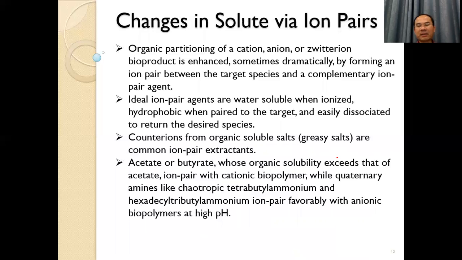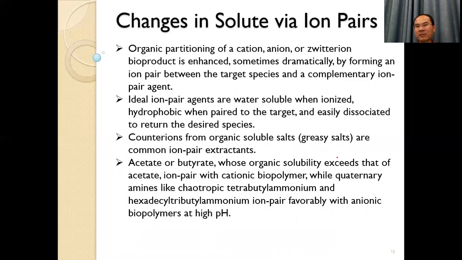Okay, and in another system, if we add some organic solvent, the bioproduct can also ionize. If some bioproduct is dissolved in water, it can be ionized to a positive charge, negative charge, or no charge, something like this.